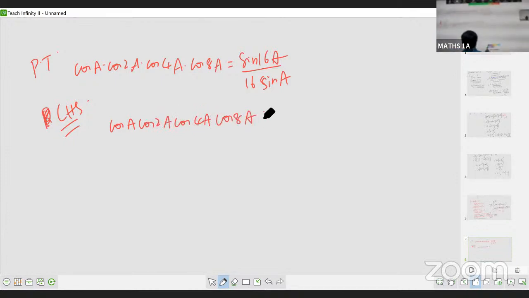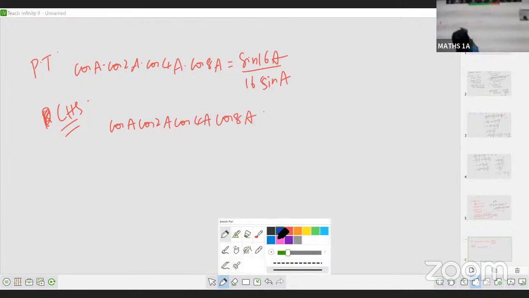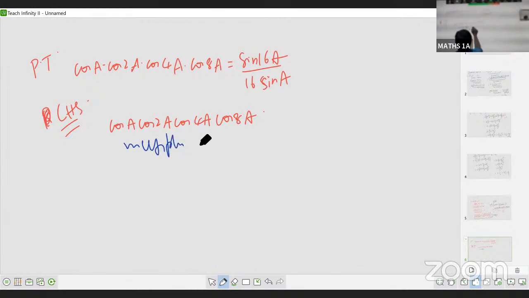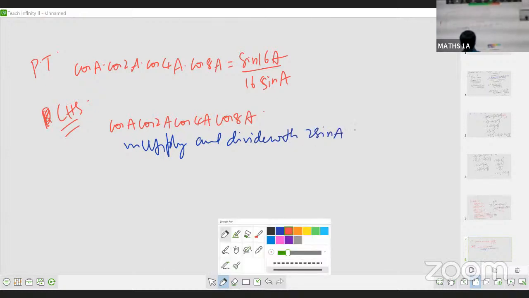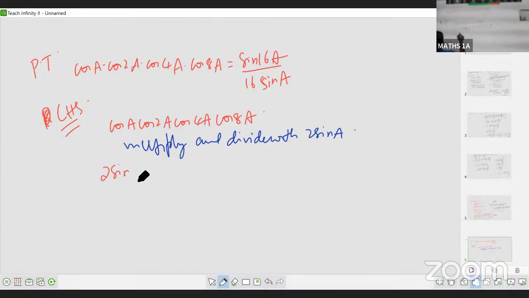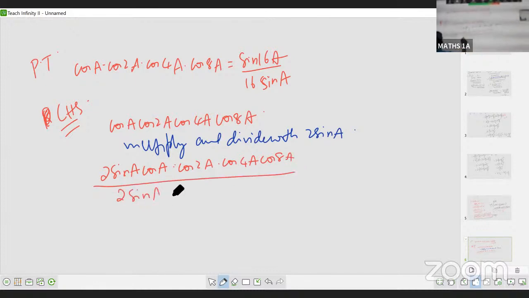Now I am going to multiply and divide with 2 sine A. This is what you should know. Multiply and divide with what? 2 sine A. Start doing 2 sine A cos A into cos 2A into cos 4A into cos 8A by 2 sine A. Now, what do we know the formula?